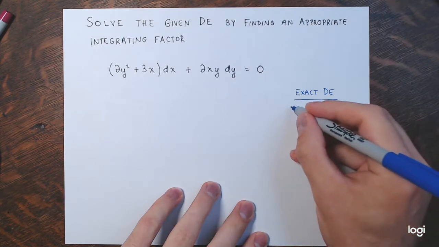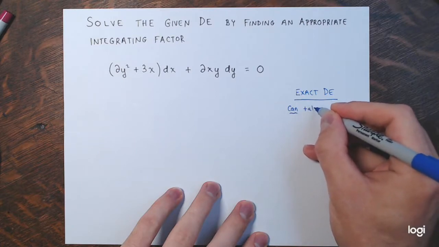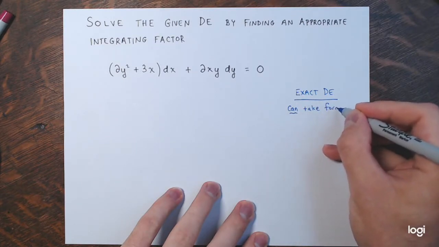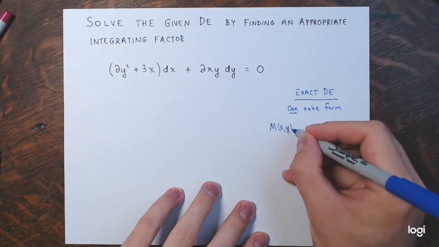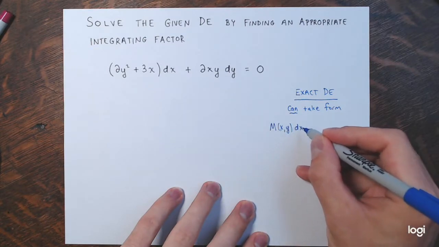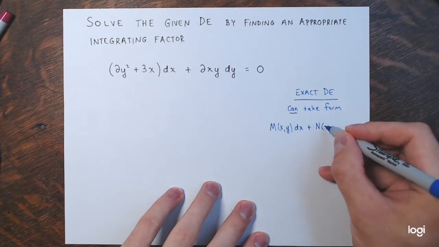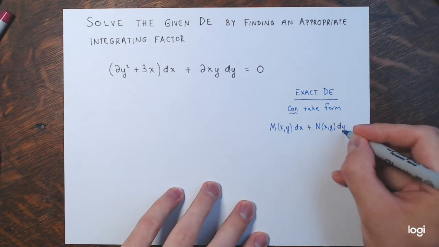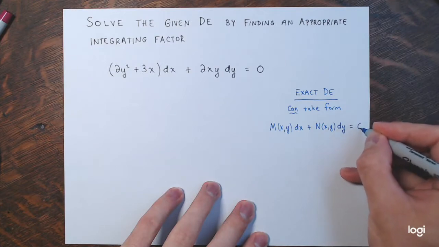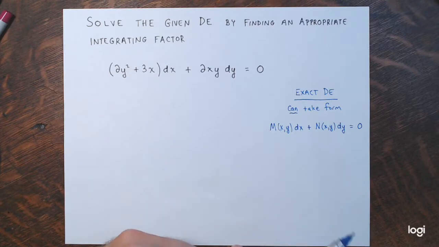An exact first order differential equation is one that can take the form M of x,y, some function of x and y, times the differential of x, plus N of x,y, another function of x and y, times the differential of y, equals 0. So this has that form, but there's more to being an exact equation than taking that form.